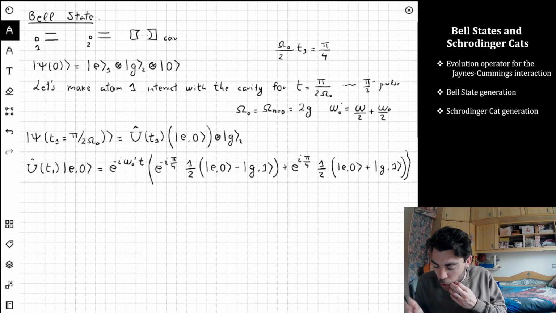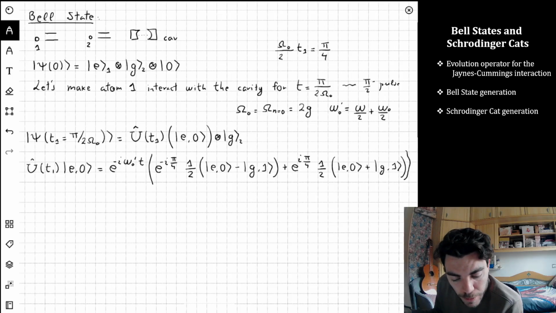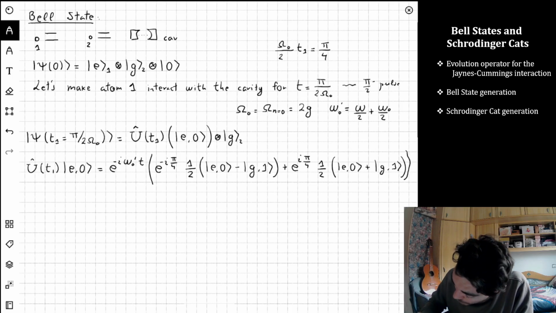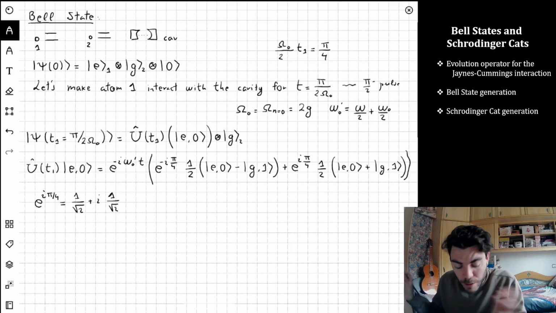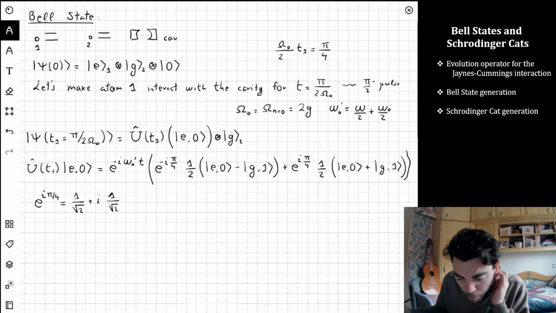So this is the state. We applied the evolution operator at t1 to the state, and we see what state resulted. And now, e to the i pi over 4 is 1 over square root 2 plus i 1 over square root 2. That's just a number.